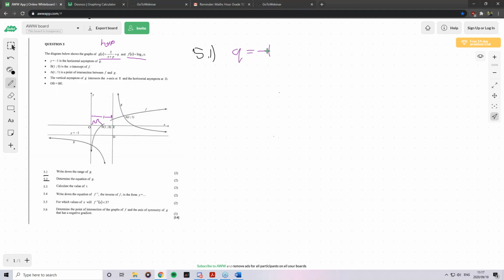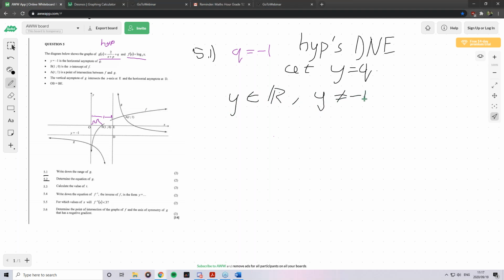So q is minus 1, right, on the range of g. From the hyperbola, we know that if we look at g, where does the function not exist? Hyperbolas don't exist at y equal to q. That is just something we know, that hyperbolas don't exist at the horizontal asymptote. So the range is y is an element of R, real numbers, but y cannot be equal to minus 1.